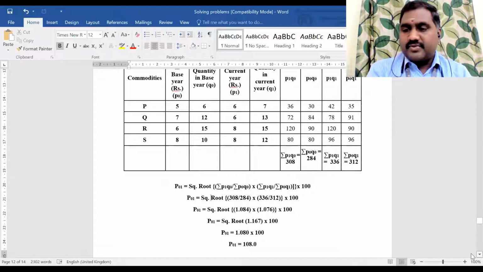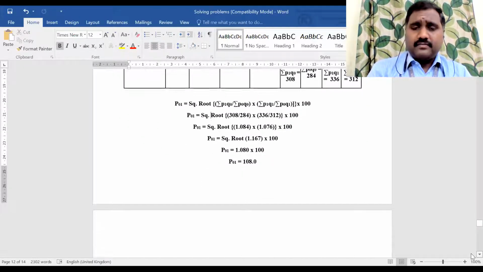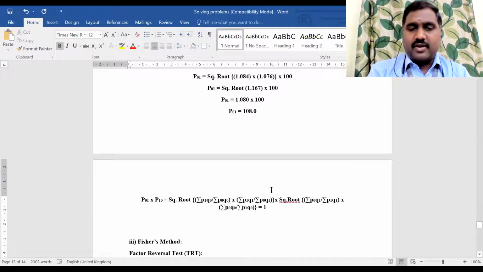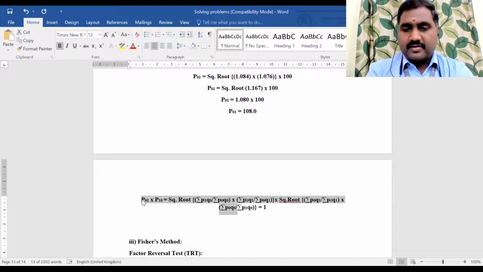Now, since they are asking you to prove the factor test and time reversal test, this is the combination, right? I will just copy this formula.